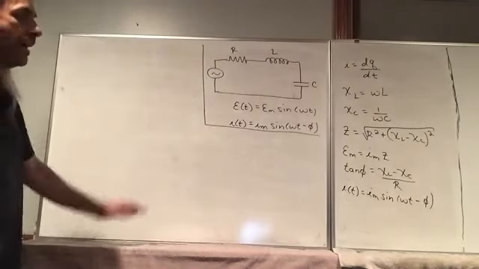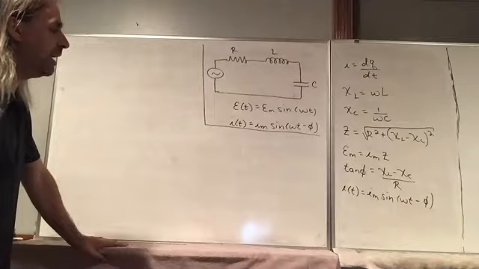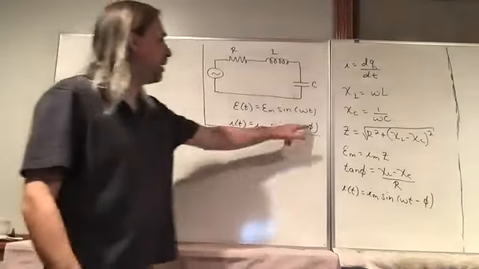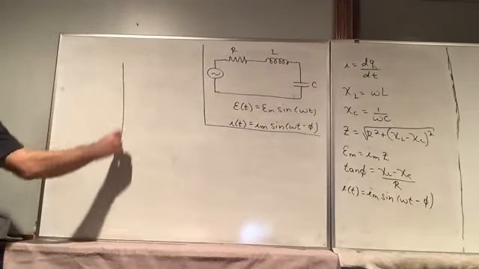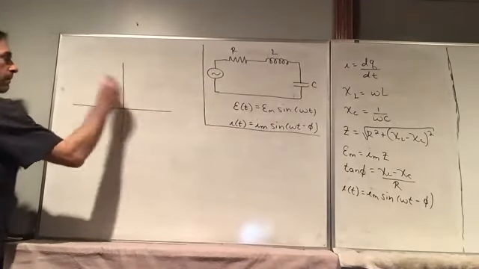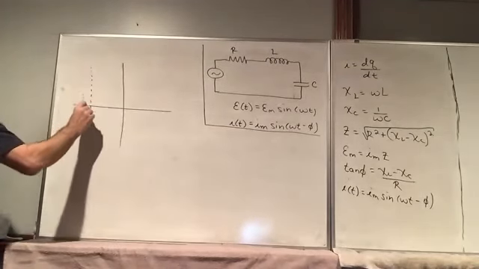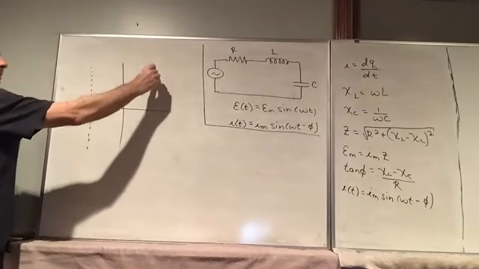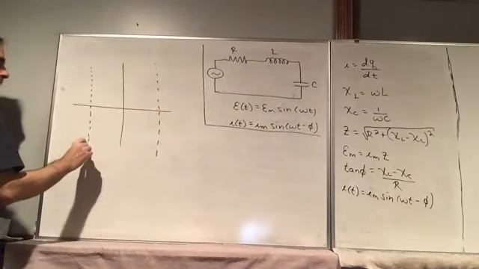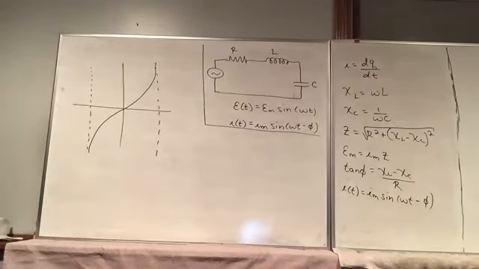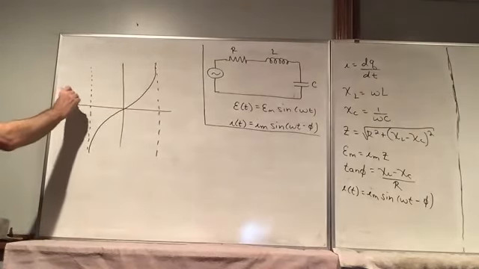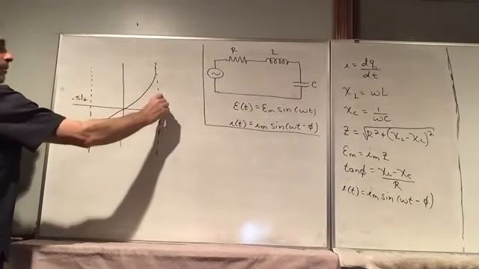One thing I'll say, this phi here, let's plot the tangent function. Remember, we're taking inverses. So this is minus pi over 2, pi over 2.